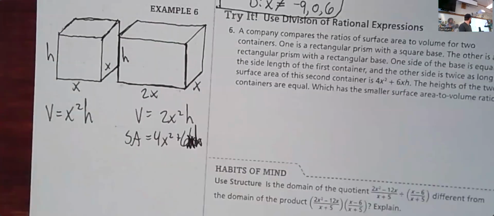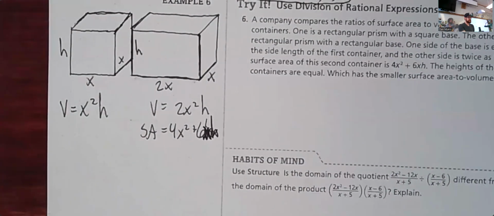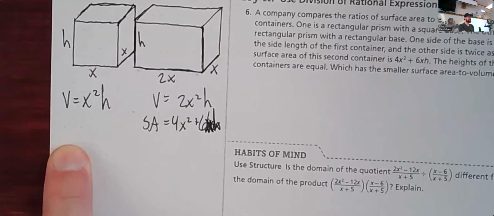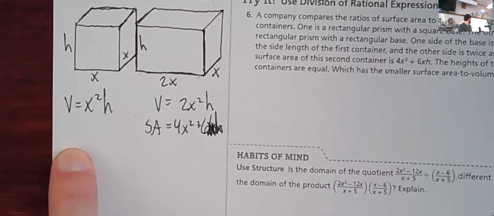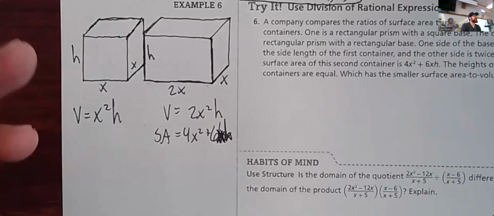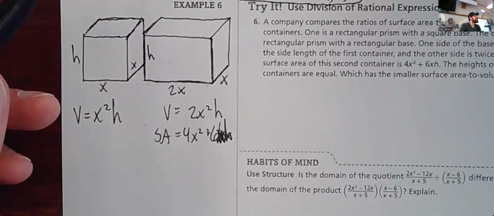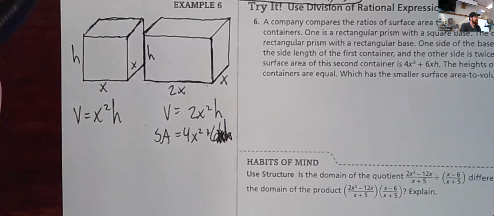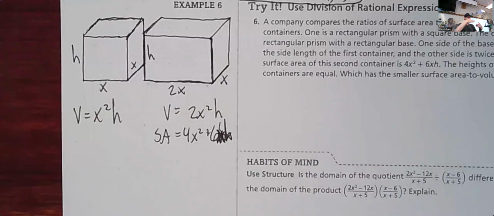How do we figure out the surface area of this next one? How many sides are there total on a box? 6. Great. Each side has a matching side that is the same area, right? The opposite side of each side of a box is the same area as the one across from it.